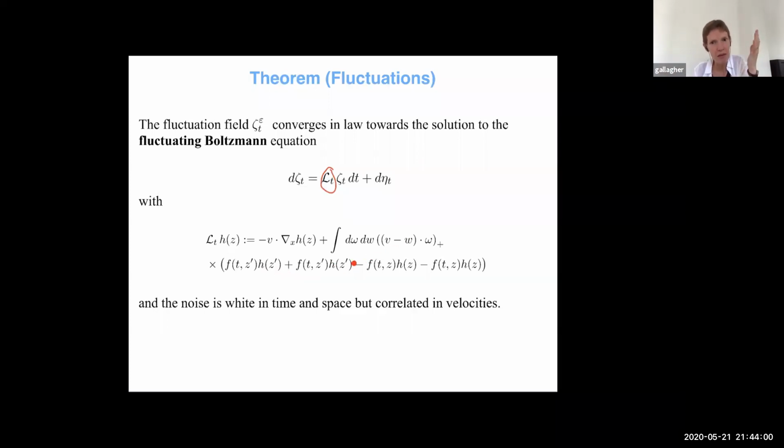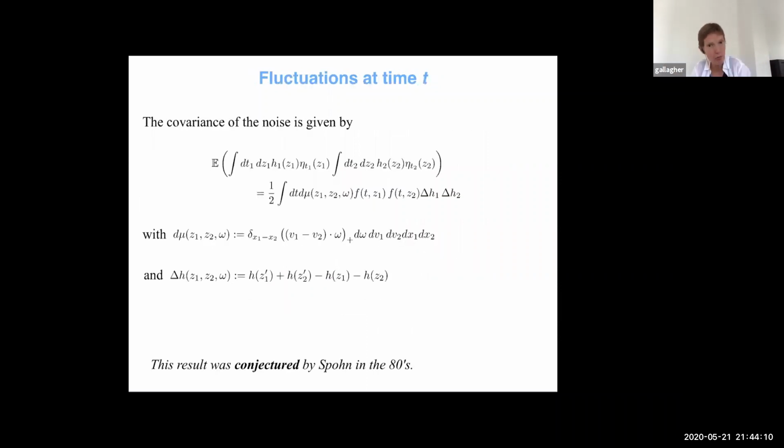So that's one thing. But what happens is that you have an extra noise here, which appears in the problem. Not just the initial data noise, but a new noise, which is going to come from recollisions. And here's the formula for the noise. It's Gaussian, with average 0, and the covariance you compute by integrating in time, space, and velocities, 2 different functions, h1 and h2, and your noise at 2 different times.